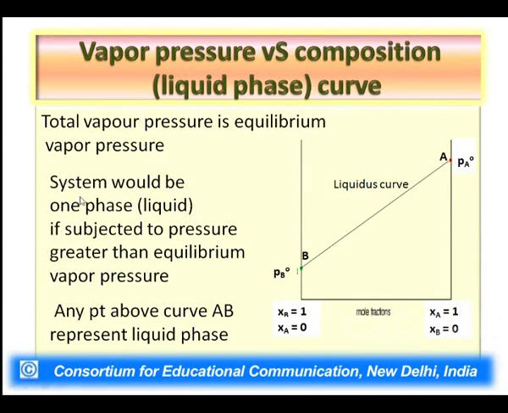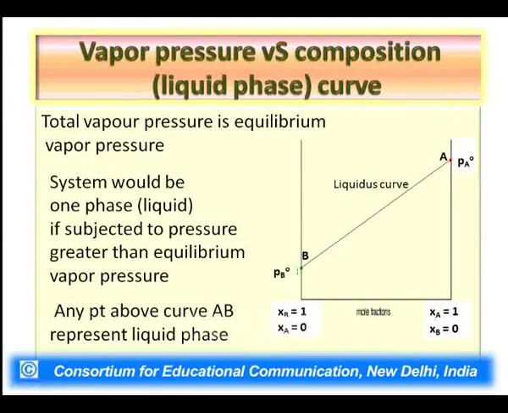That is so because the total vapor pressure is an equilibrium vapor pressure, that is the equilibrium between the liquid phase and the vapor phase. So on curve AB you will have liquid phase in equilibrium with vapor phase, and at any point above curve AB you will have only liquid phase stable.